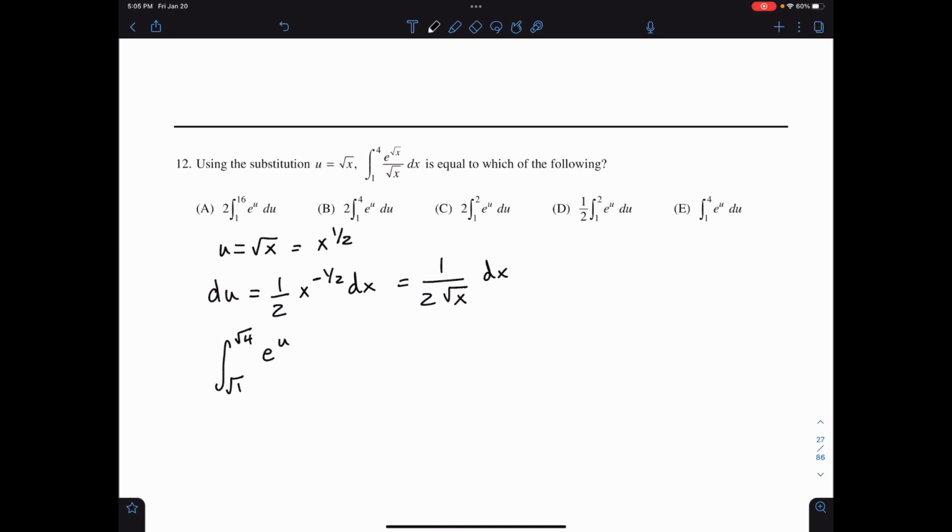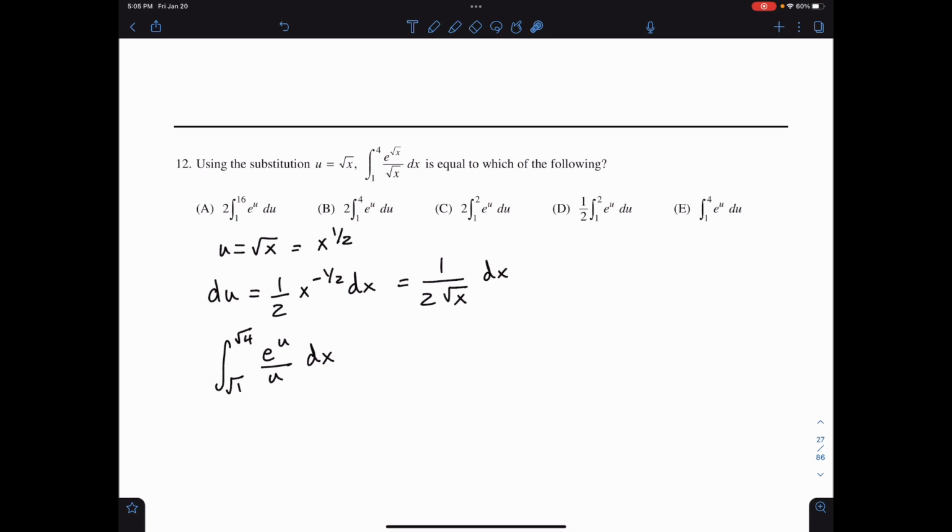You could just plug in u for this square root of x down below, which is perfectly fine. But then you're left with this dx, right? So you can't just change that dx to be du.